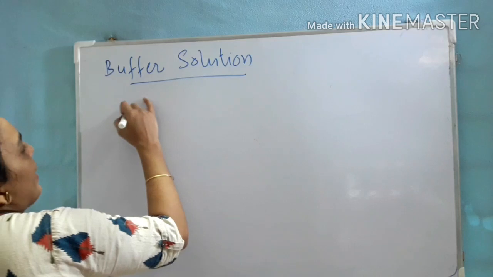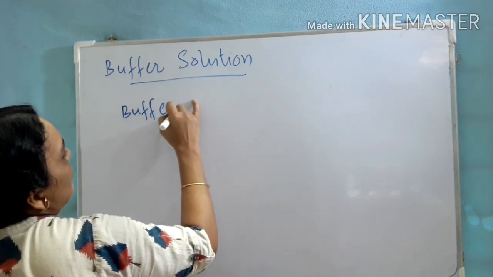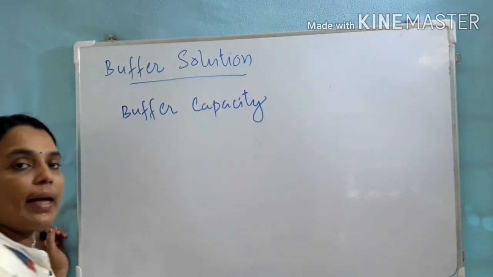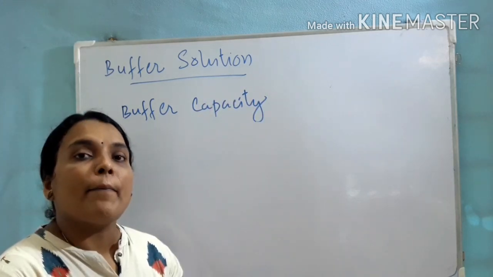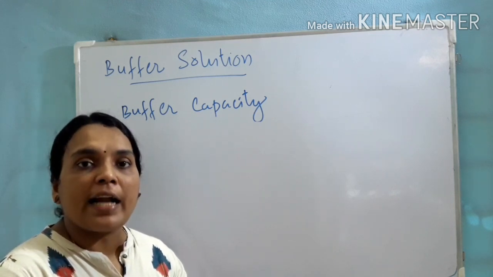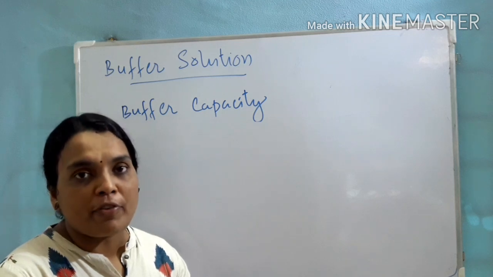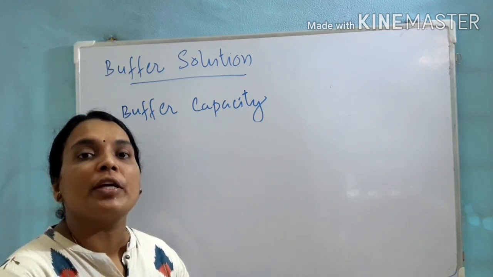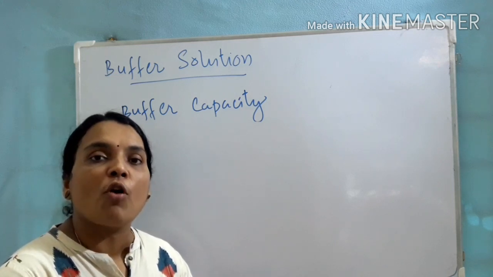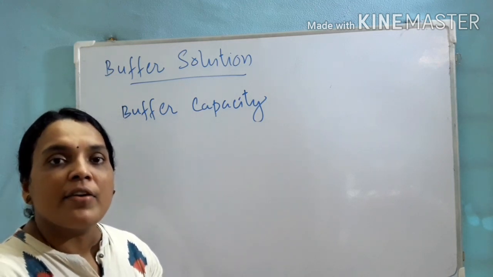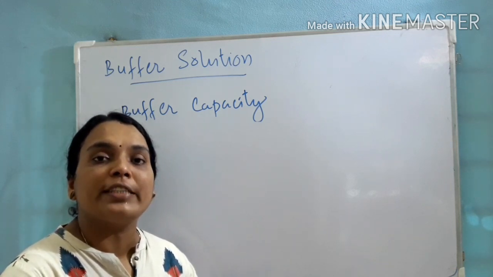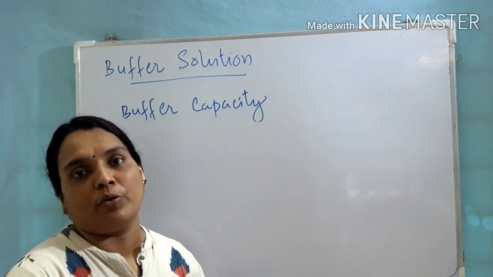Now let us see buffer capacity. Buffer capacity is the number of moles of acid or base which is added to 1 liter of buffer solution to change pH by 1 unit.